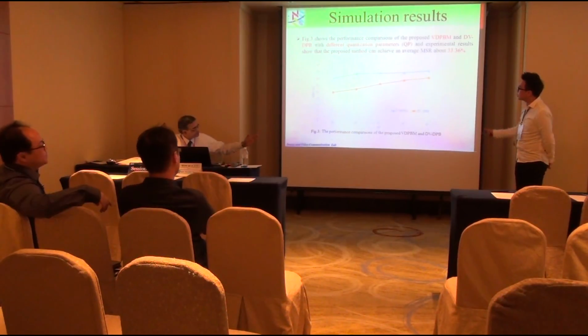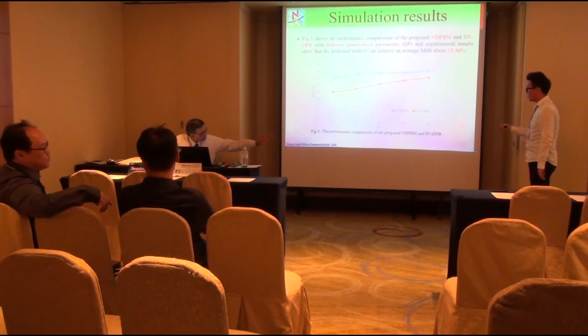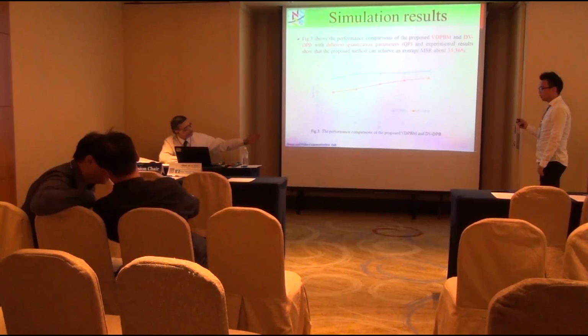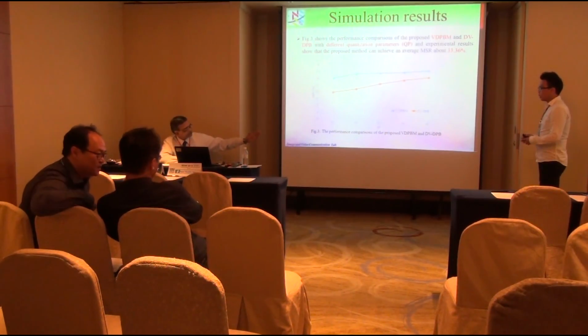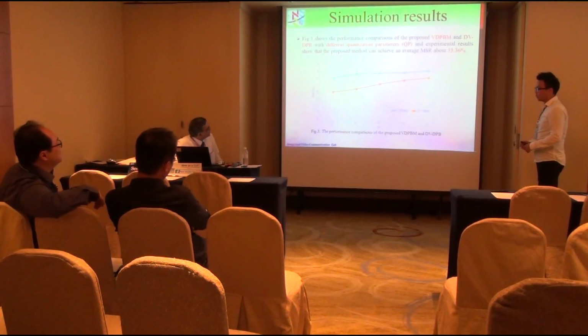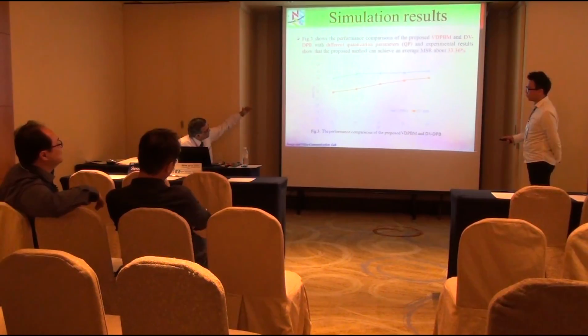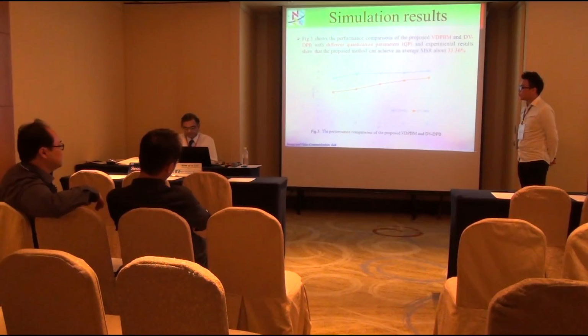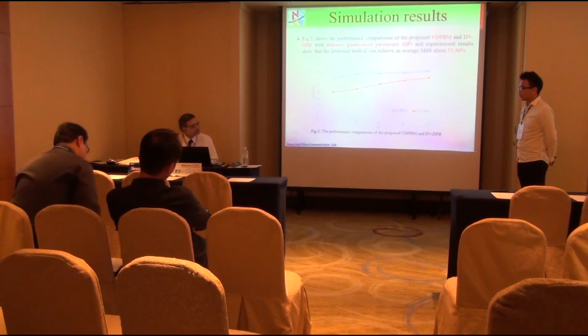If we go to higher QP, is it better, higher quality or lower quality? Higher quality. So NSR is reduced, and it is more flat. It is not depending on QP very much. That is an advantage. Okay, thank you.